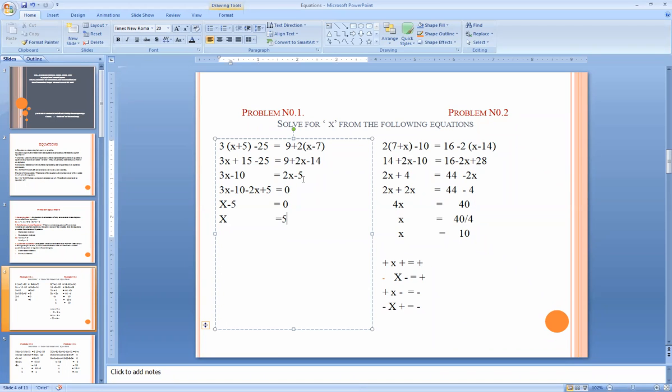When you people are going to shift from right hand side to left hand side, plus values will become minus, minus values will become plus. See, in the case of the third step, 2x is plus. When we are changing the position to the left hand side, it will become minus 2x. In the same manner, here on the right hand side, it is minus 5. When you shift it to the left hand side, it will become plus 5 is equals to 0.